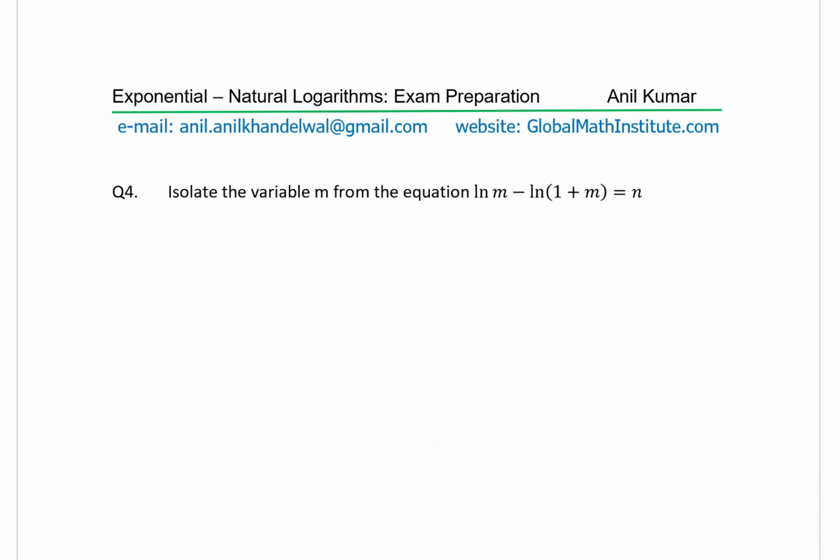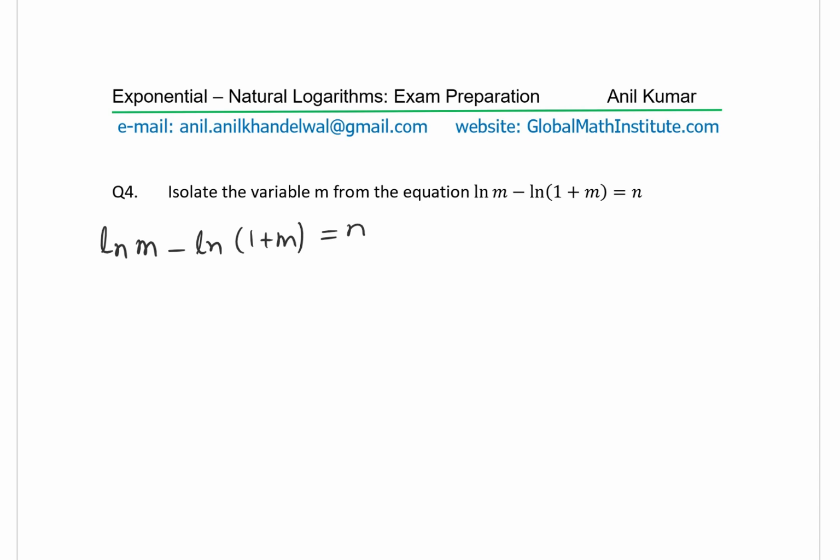The next question here is, isolate the variable m from the equation ln m minus ln 1 plus m equals to n. Now let us take question number 4. It is ln m minus ln 1 plus m equals to n.